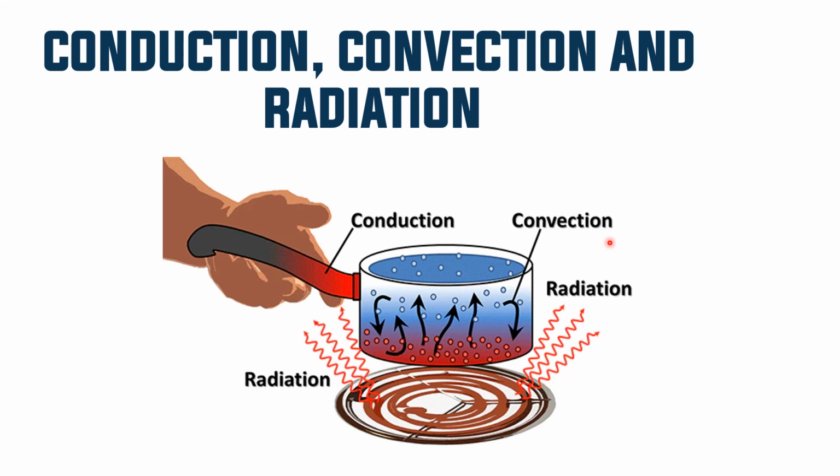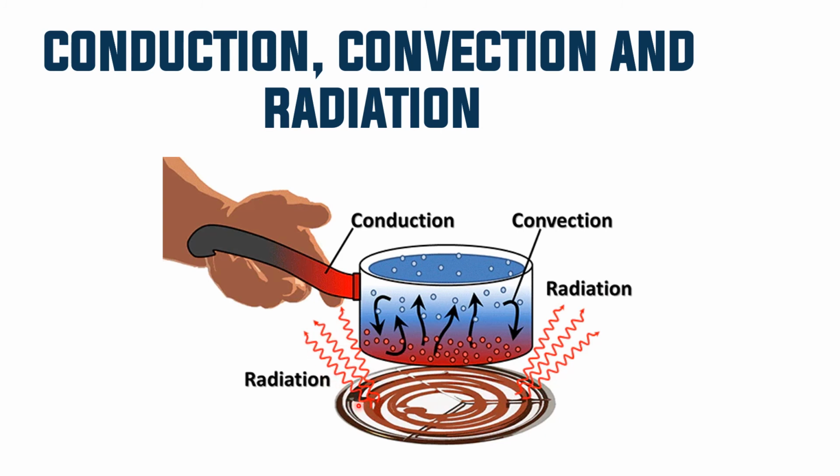And the last transfer of heat is radiation. We know that radiation doesn't need any medium. Any hot object radiates some energy to the environment. That is called radiation. For example, the sun's radiation comes to the earth's surface.